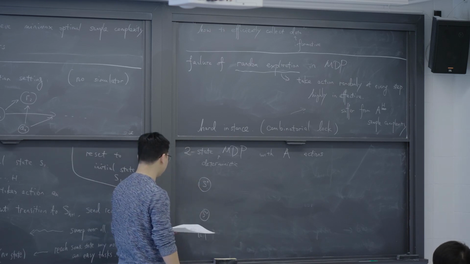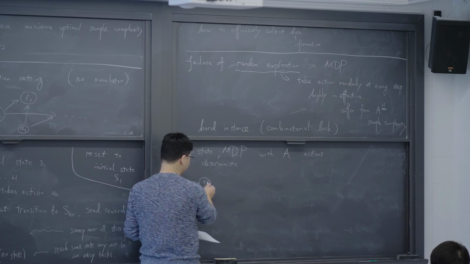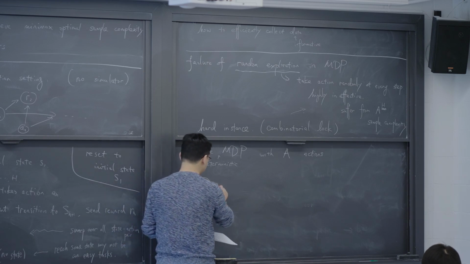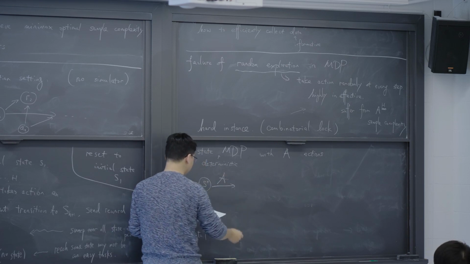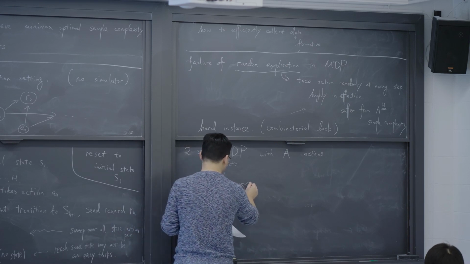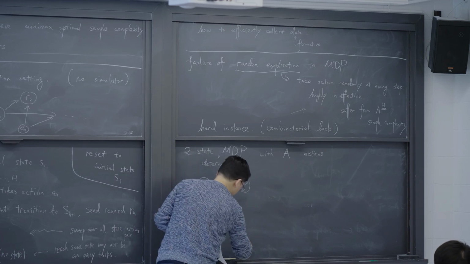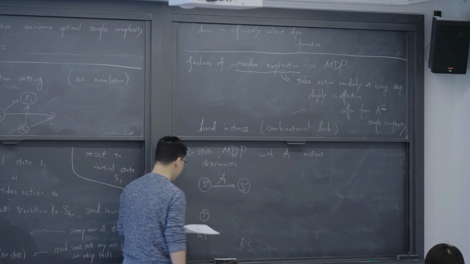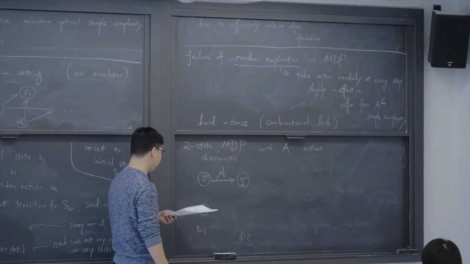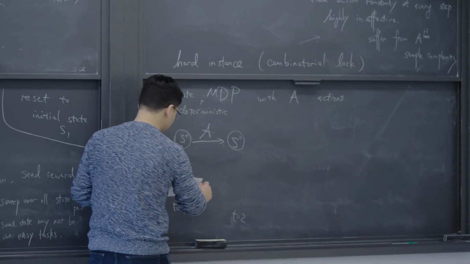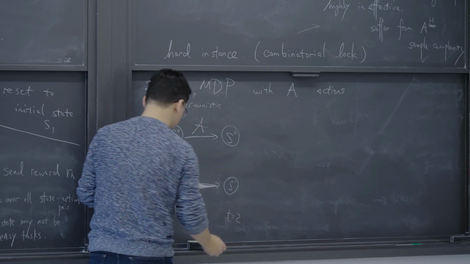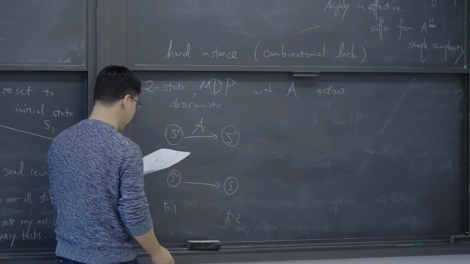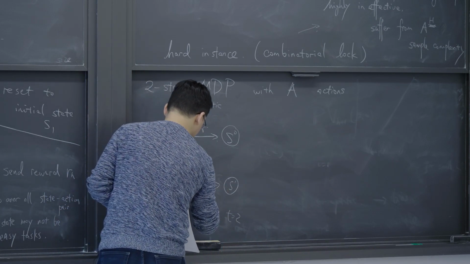And then the transitions go as follows. If I'm at the S0 state at that first step, then no matter what action I take, I'm always going to land in S0 in the second step. This is t equal to 2. While if I'm in the S1 state, there's only one particular action that's going to land me in S1 in the next step.